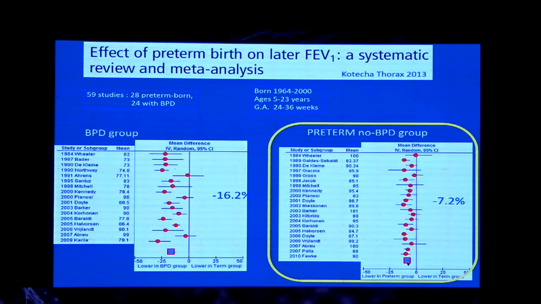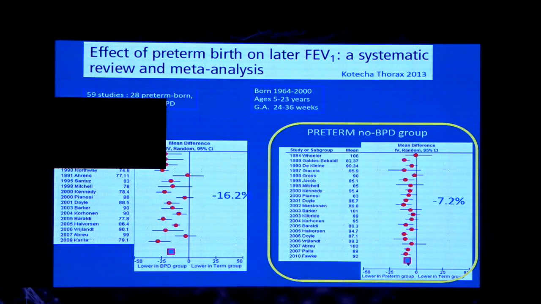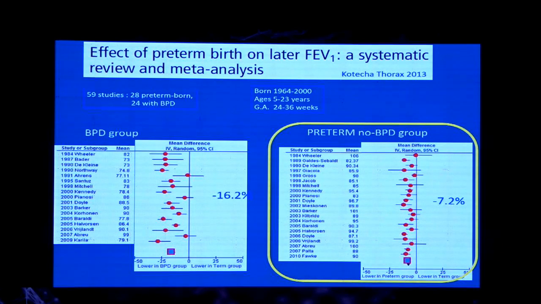When these babies are also BPD, this decrease increased down to 16%. So we have a portion of detrimental activity of the lung that is already nicely attributable to prematurity itself and not to additional risk factors.